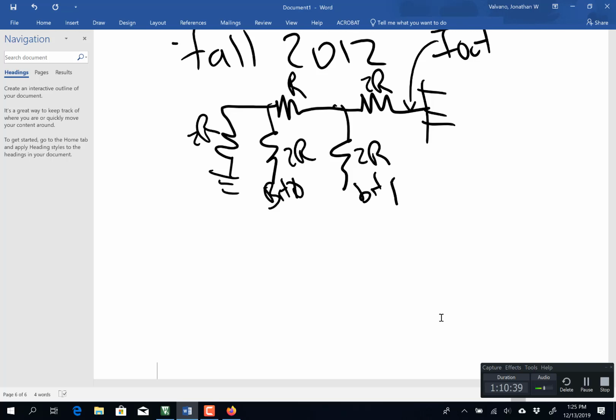Okay, so how many input sources do I have? I have 2 input sources. Bit 0 and bit 1. How do I solve a linear system? It's linear because it's Ohm's law. How do I solve a linear system if I have 2 inputs?